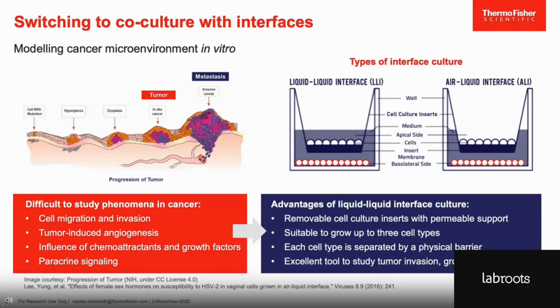So this is an excellent tool to mimic the tumor environment, especially to study events like cell-to-cell interactions and migration of cells, since each cell type is physically separated from the other in this system, unlike regular culturing, where it's cultured together as a monolayer.